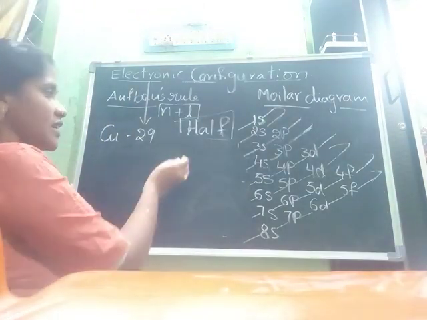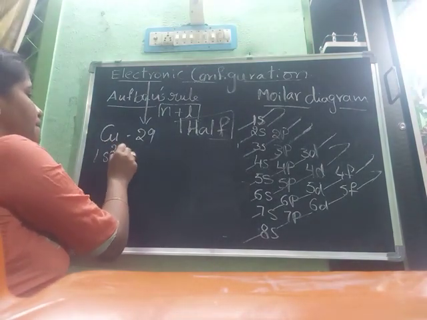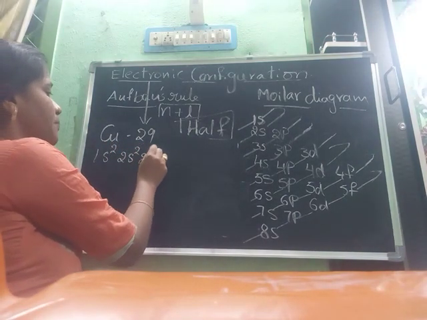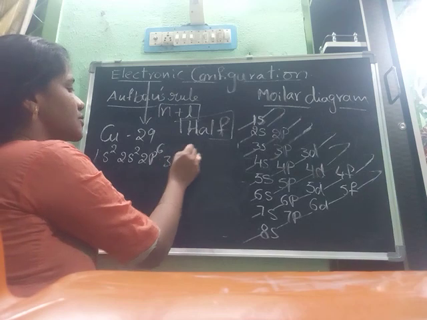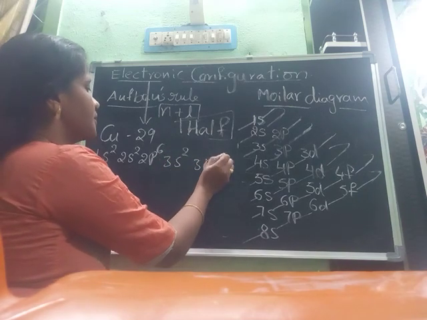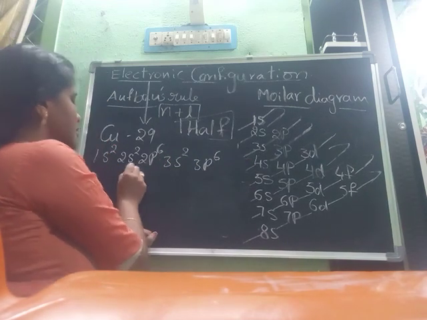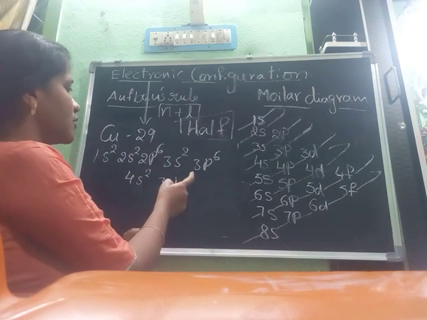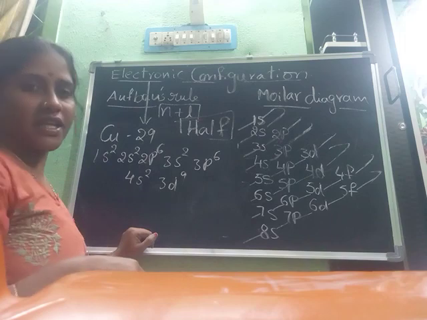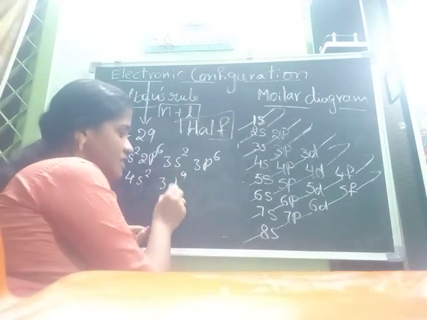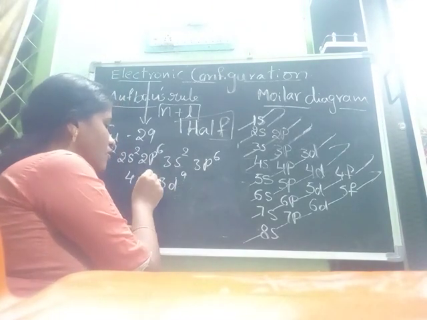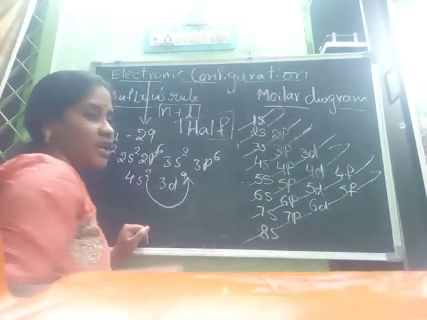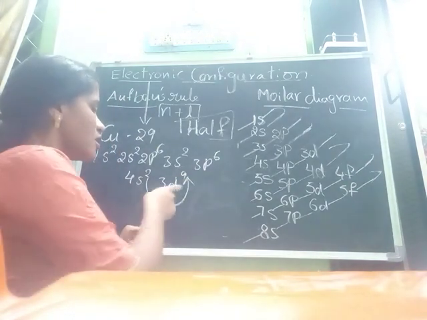Atomic number is 29. 1s2, 2s2, 2p6, 3s2, 3p6. Next 4s2, 3d how much? 29, so 3d9 will be. See here 9 is there, so it won't be stable. So one electron will come to here.